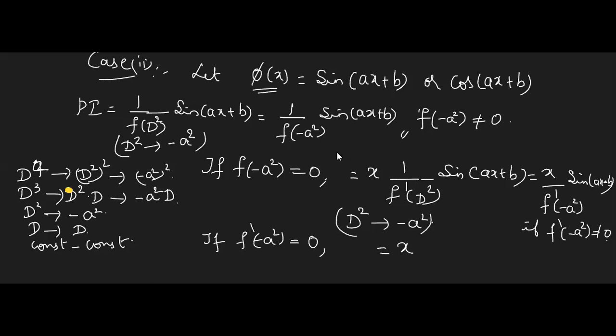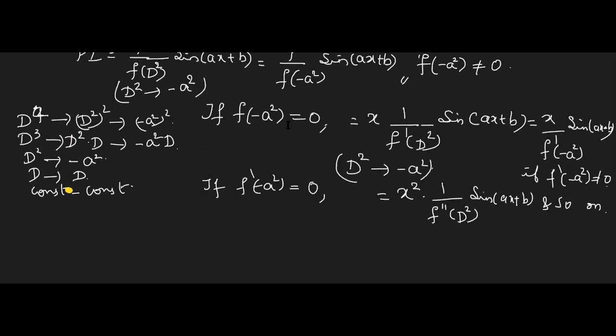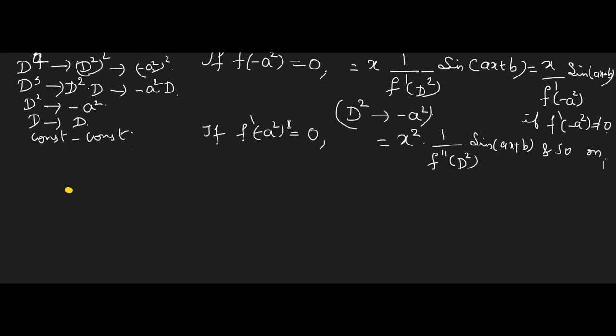Multiply by one more x, so that the earlier x and this x become x square, and f dash becomes f double dash. Again, think of replacement and so on. Clear? It will be more clear when I take the example. Let me write some examples here. Solve the following equations.